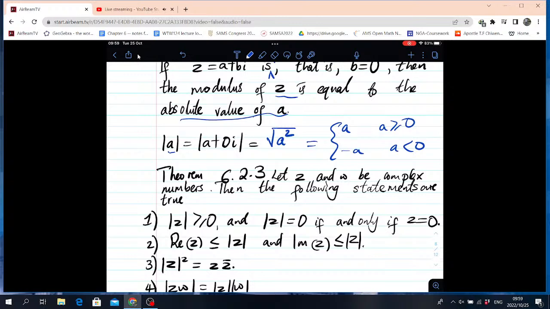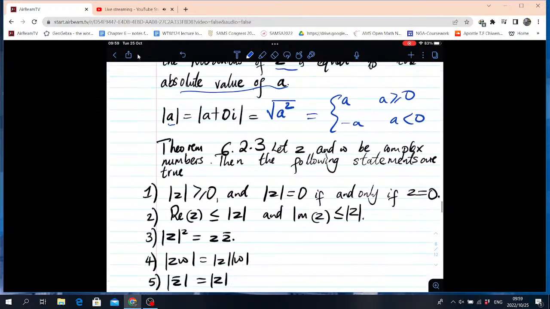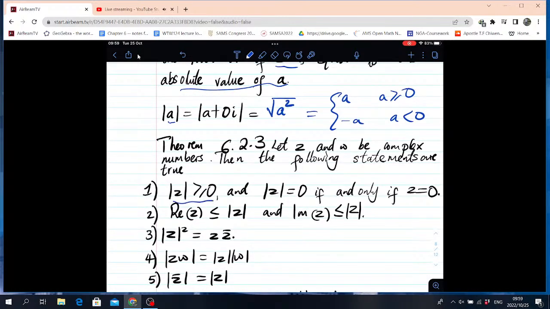Then the following statements are going to be true. The modulus is greater than or equal to 0, and the modulus of z is equal to 0 if and only if z is equal to 0.